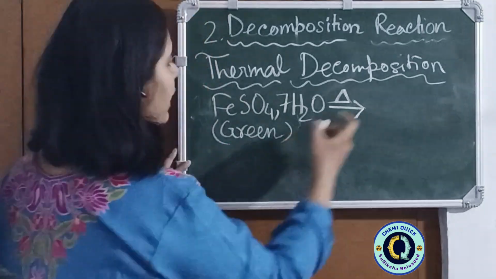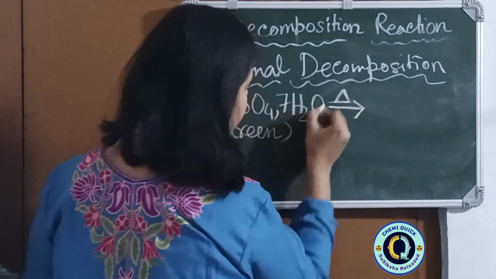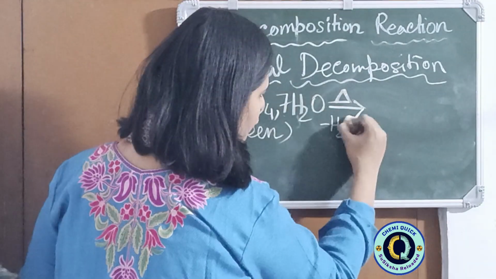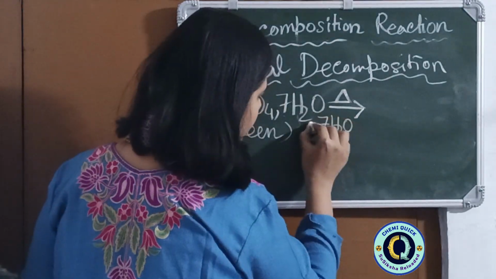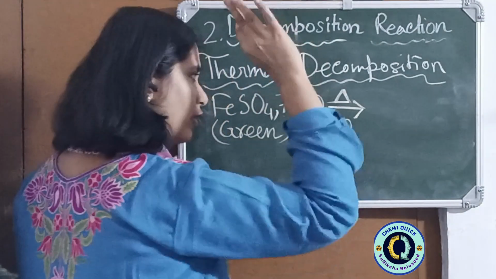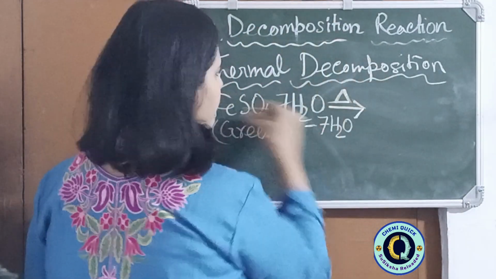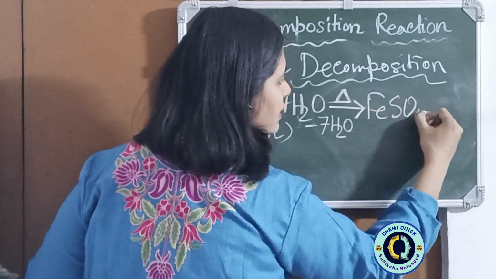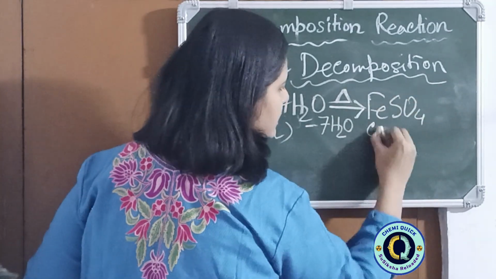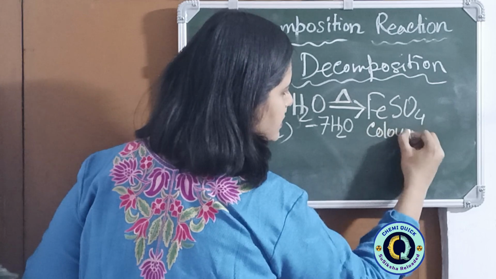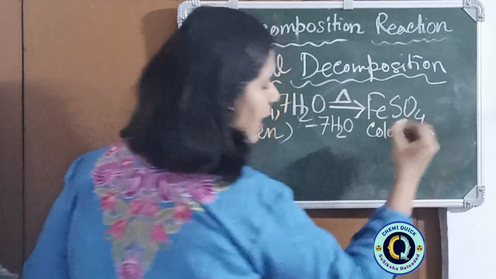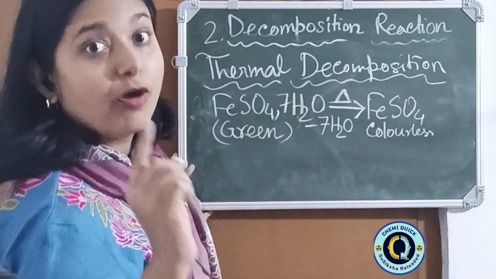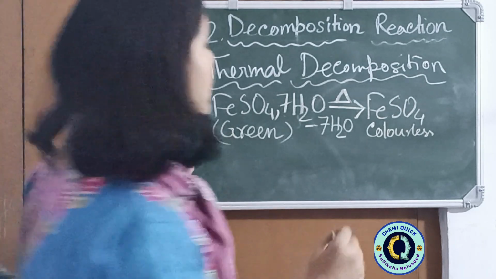So from green, as soon as it is heated, this 7H2O is out. 7H2O minus, it's gone. Then FeSO4 is left. This FeSO4 is colorless and it is not a crystal. It is anhydrous, amorphous, not having any crystal.